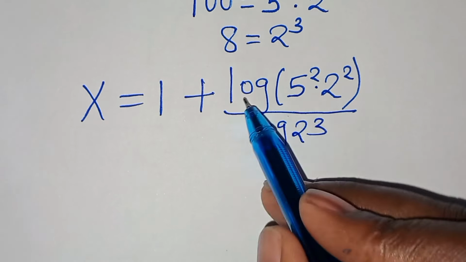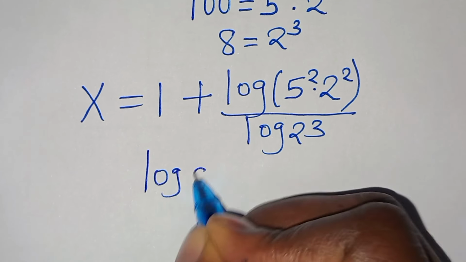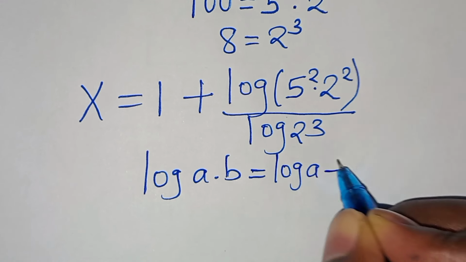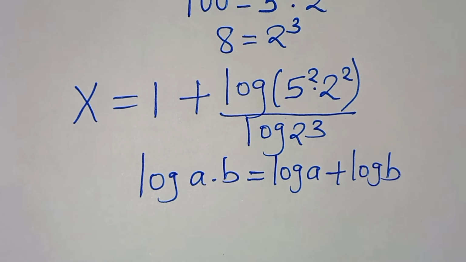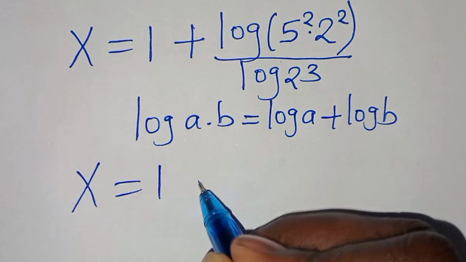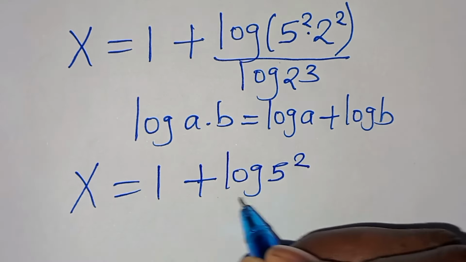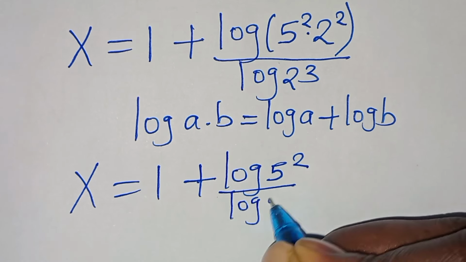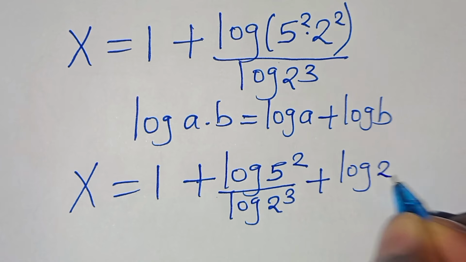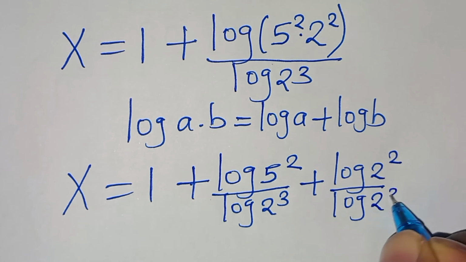Now log 5 to the power of 2 times 2 to the power of 2 is in the form of log a multiplied by b, which we can express as log a plus log b. Applying this logarithm property, we have that x is equal to 1 plus log 5 to the power of 2 divided by log 2 to the power of 3, then plus log 2 to the power of 2 divided by log 2 to the power of 3.